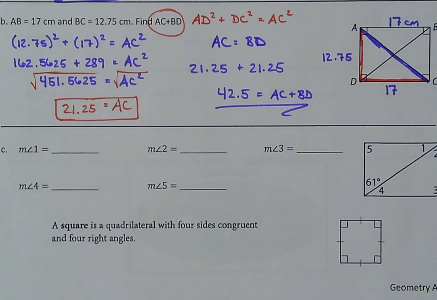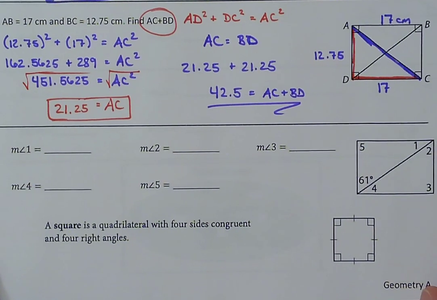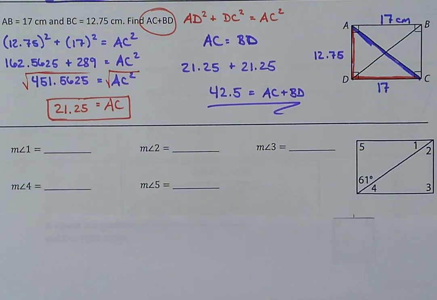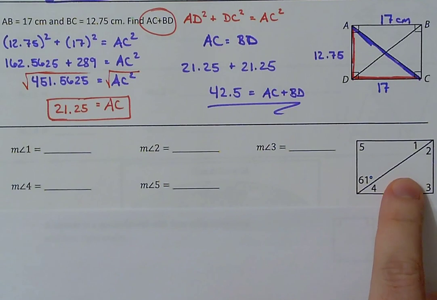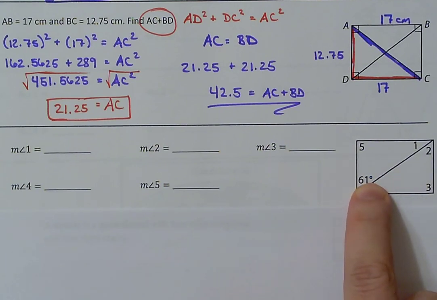All right, now for part C, we are going to be dealing with angle measures here, and we need to go through and figure out the measure of angles 1 through 5 based off of our diagram here on the right, and they only tell me that this angle is 61 degrees. So a few things to note.